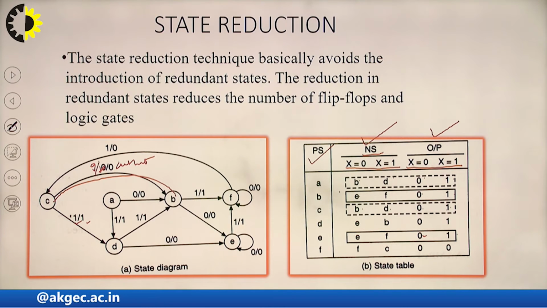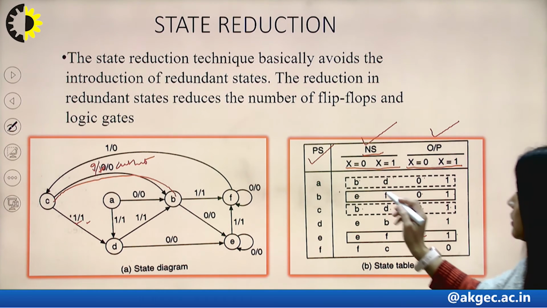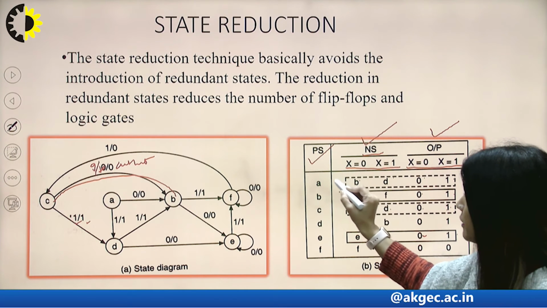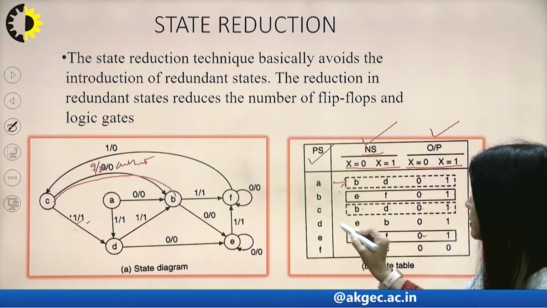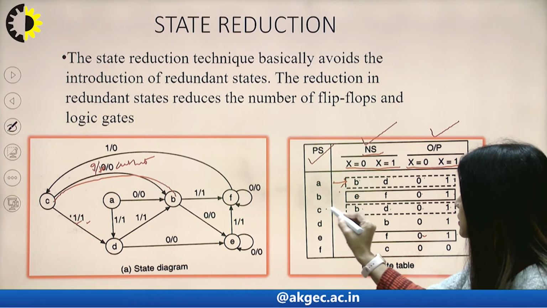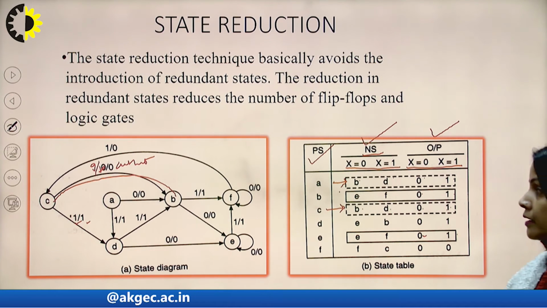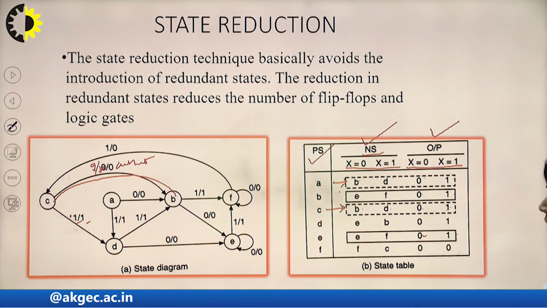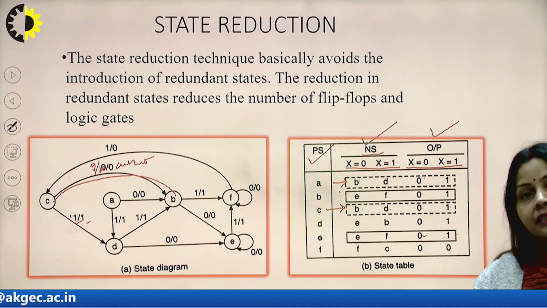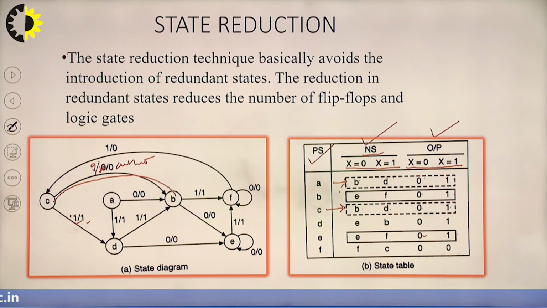Now we need to see what the present state was. Let us identify for this one and let us see for this one. Present state is A, present state is C, and the next state, input and output are the same, right?